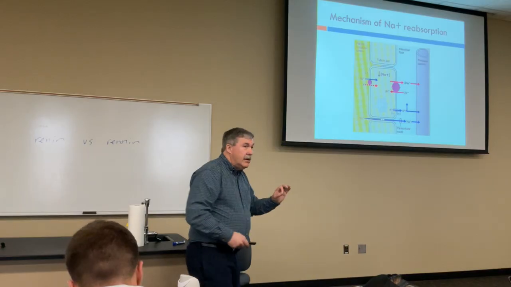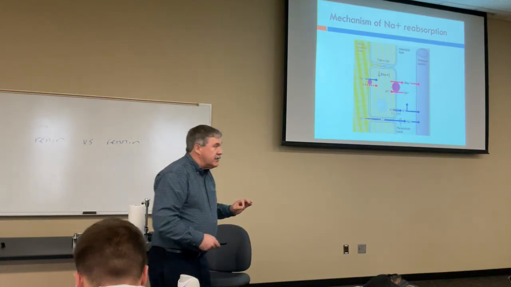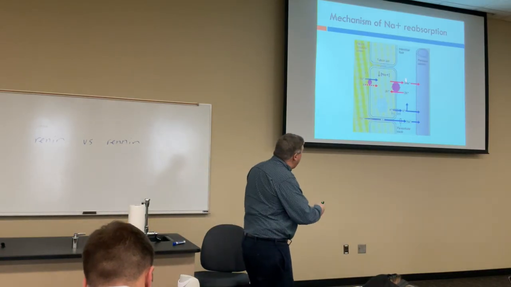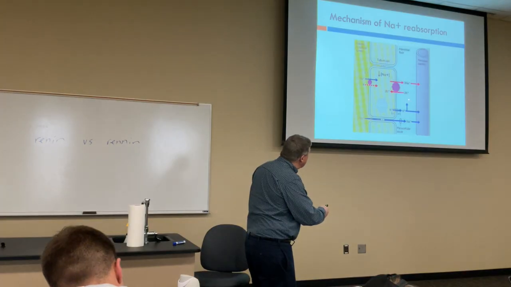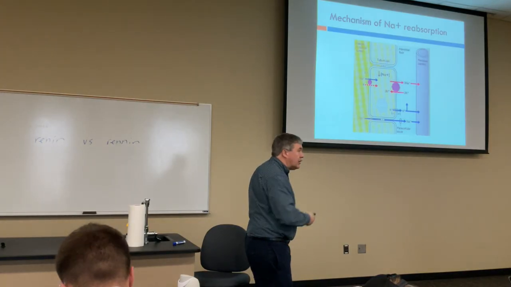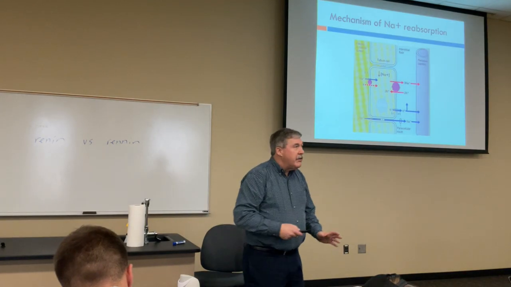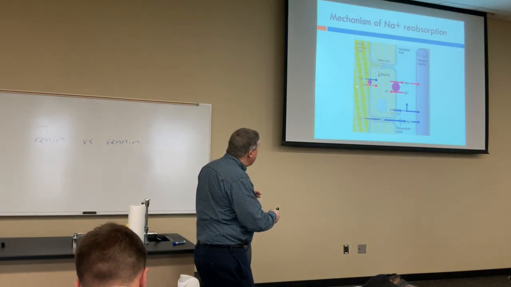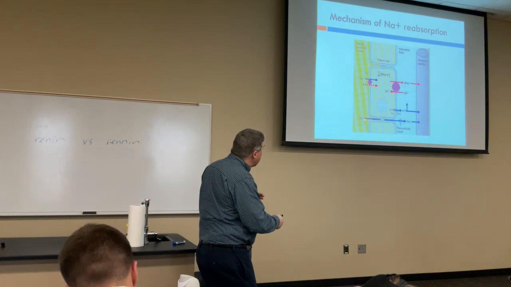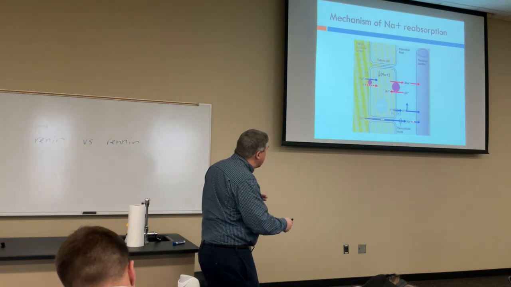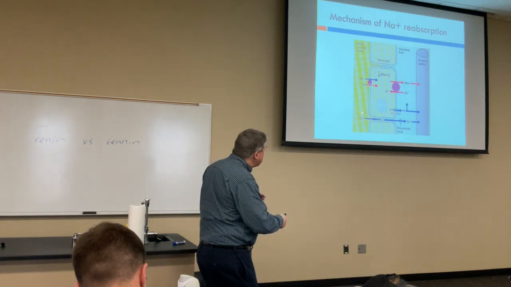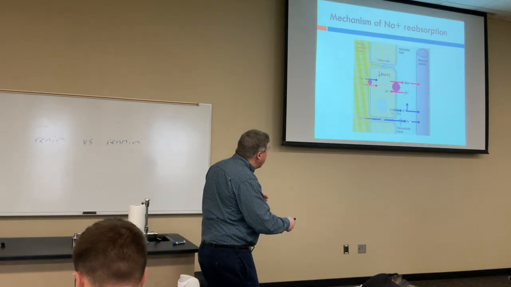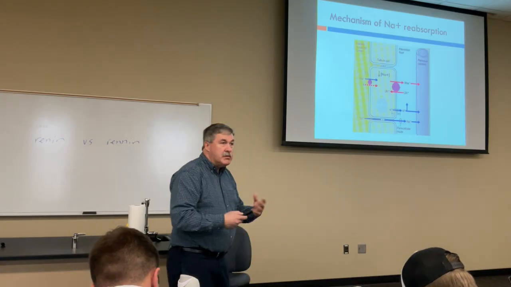Now, as a consequence of that sodium gradient, which is higher now in the interstitial fluid than it is in the filtrate, that draws water out of the filtrate, and water can actually go in between these cells just by osmosis, and that drives reabsorption of water.